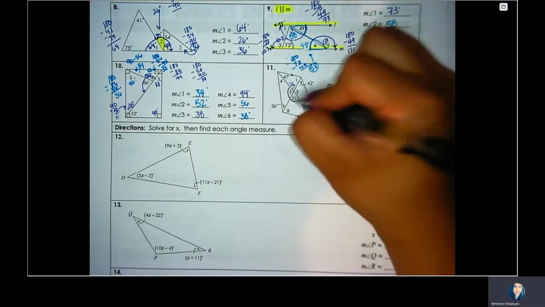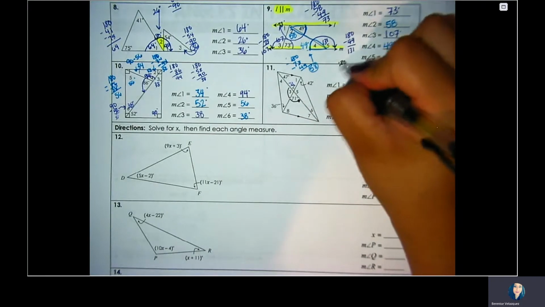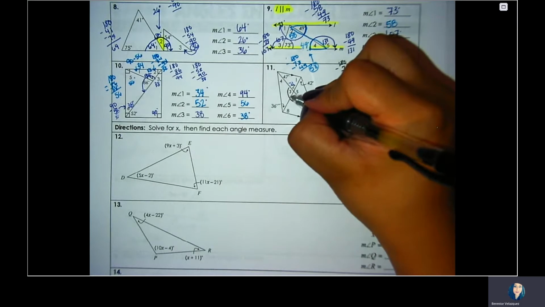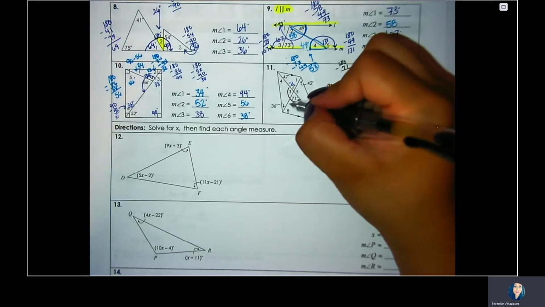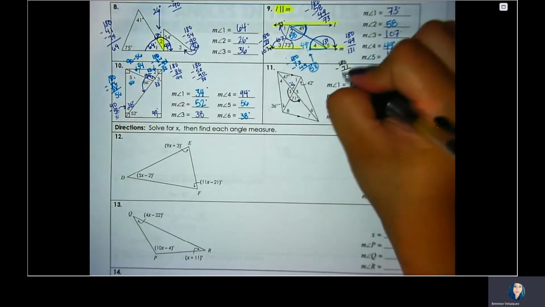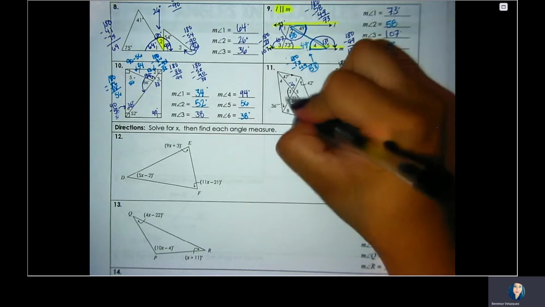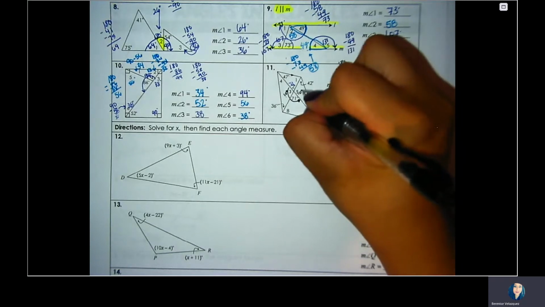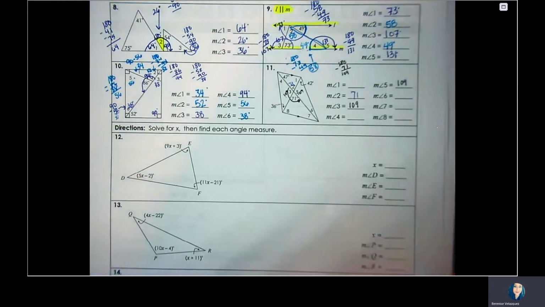So this is a straight line. So if I'll do it over here, 180 minus 71. That's going to give me that piece right there, which is angle 3. And angle 3 is going to equal 109. So now that I know that that's 109, the one across from it is 109. So angle 3 is 109, and so is angle 5. So we knocked out a few blanks right there pretty quickly.